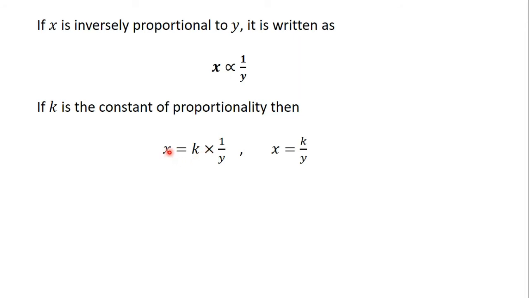So we have x is equal to k times 1 divided by y, where k is the constant of proportionality. And if we simplify this, we will have x is equal to k divided by y. So if x is inversely or indirectly proportional to y, then x is equal to k divided by y, where k is the constant of proportionality.